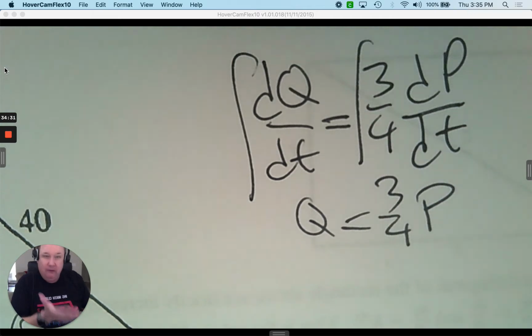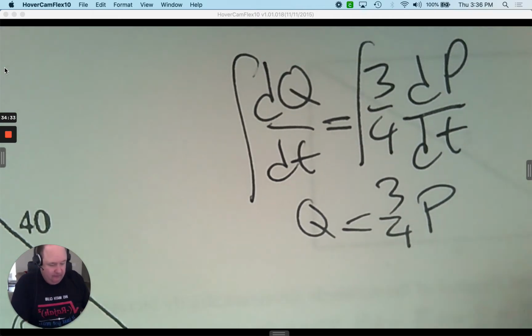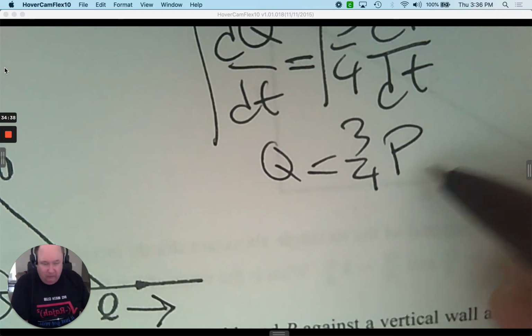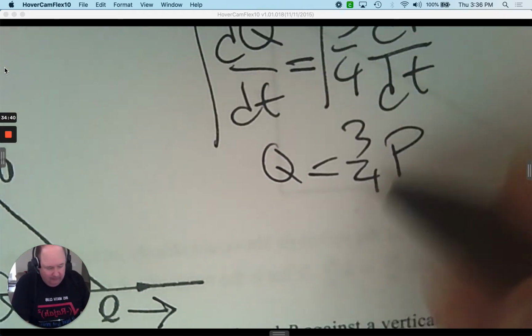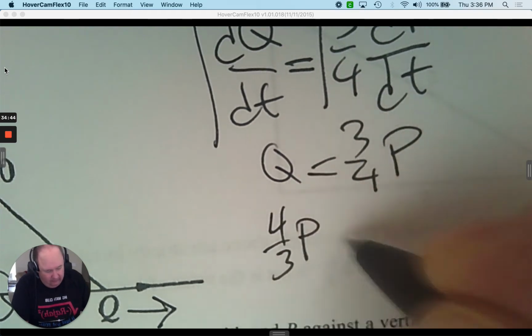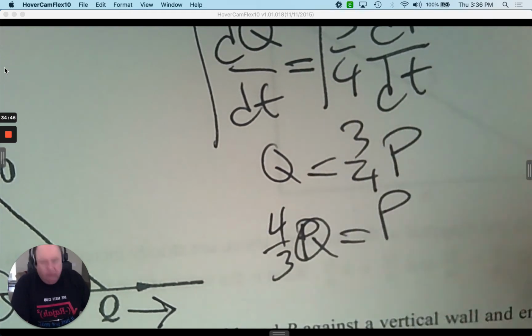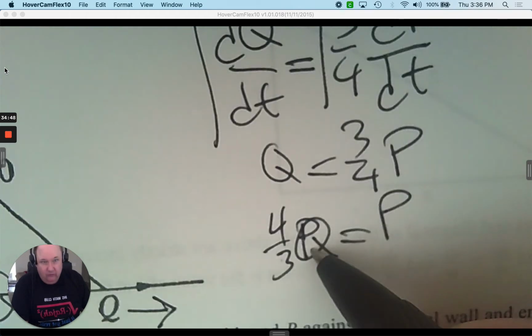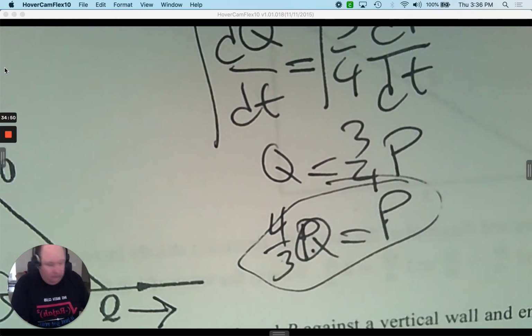But now I can write it in terms of Q to be able to use the Pythagorean theorem. Now I don't want to solve for Q because I want to keep Q. So I'm going to do the reciprocal and figure out that if I do the reciprocal, 4/3 Q is equal to P. This is what I'm going to use.